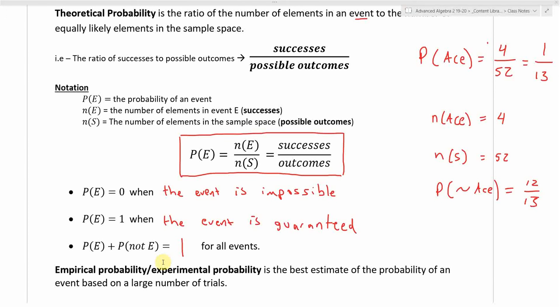Okay, so that would be if we don't know what the likelihood of a certain event is, if we try it 100 times and we succeed 53 times, we would say the experimental probability or the empirical probability is 53% or 0.53 based on our observations. The word empirical literally just means based on observation. So that's what we mean when we talk about empirical probability, is if we run trials and see how many results we get, that can help us determine the probability.